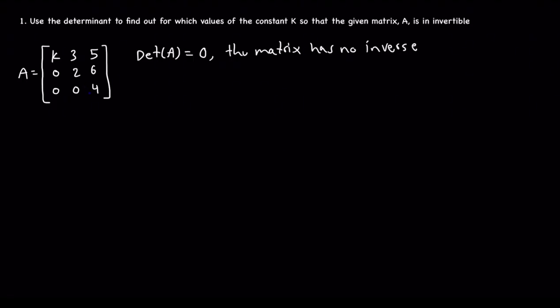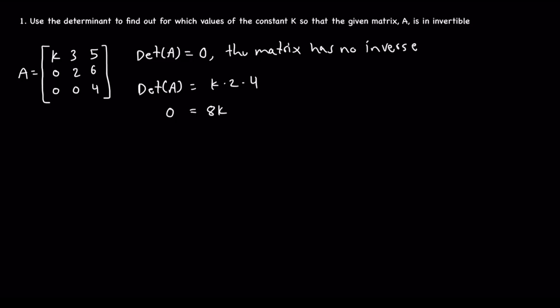Notice that A is a triangular matrix since it has zeros arranged in this way. Because it's a triangular matrix, the determinant will just be the product of the main diagonal. So the determinant of A is simply going to be k times 2 times 4. So that gives us 8k. And we know that the matrix is not invertible whenever the determinant is 0. So let's put a 0 here. So 8k equals 0.